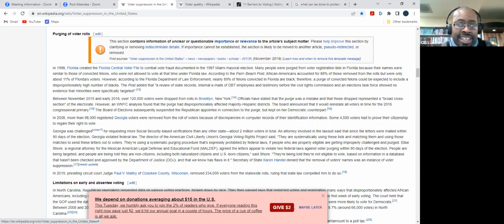That automatically purged their names from the roll. They also purge voters who have been convicted of felonies. And of course, statistically, a lot of those who had committed felonies were African American.